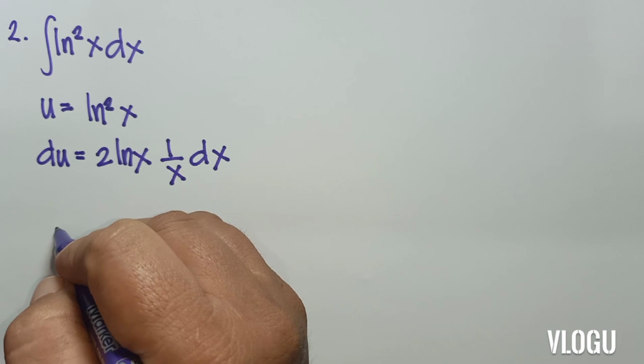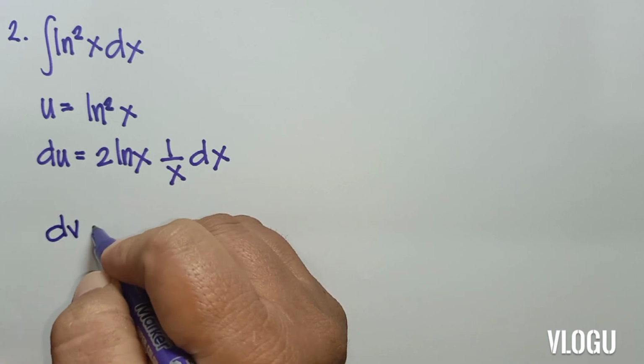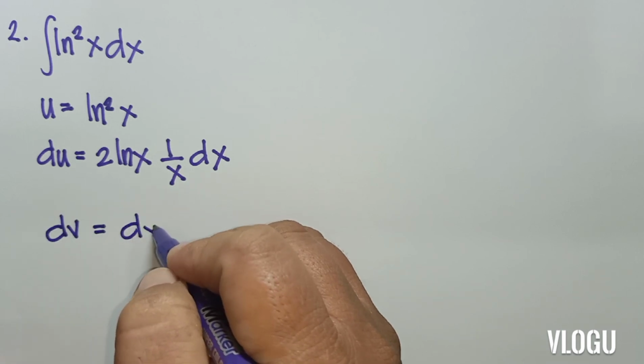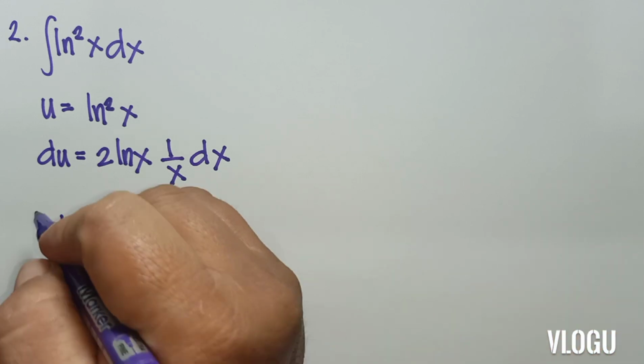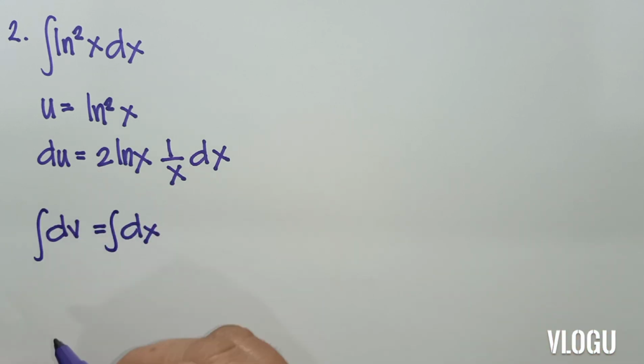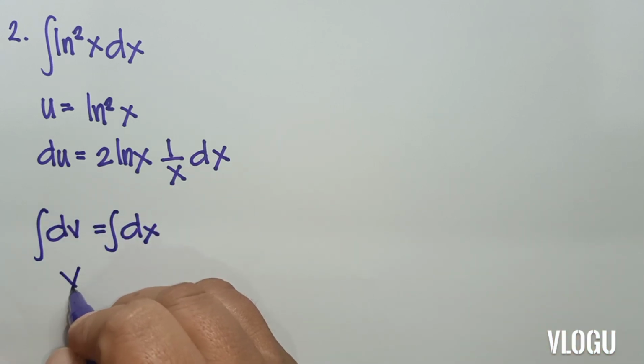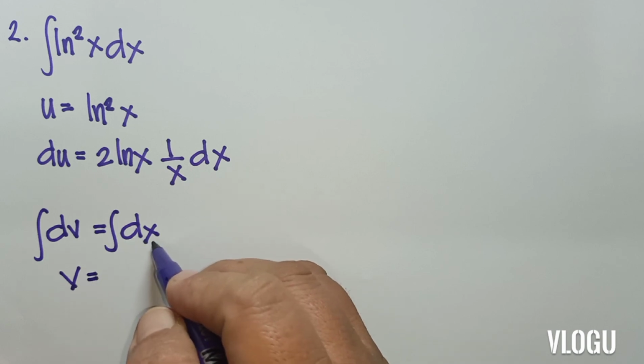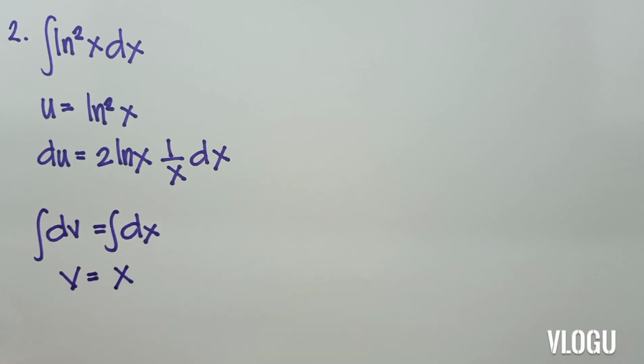So dv here is equal to dx. Integrating both sides, the integral of dv is v, and the integral of dx is x.